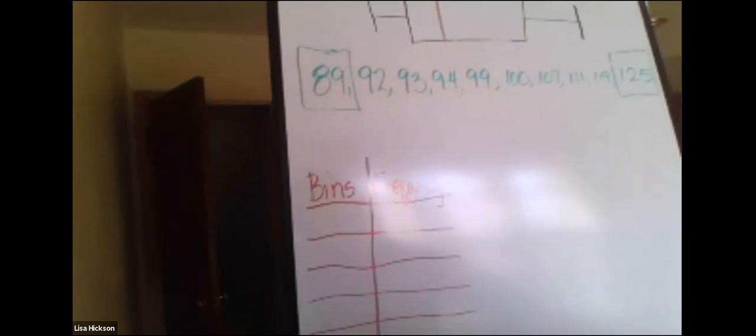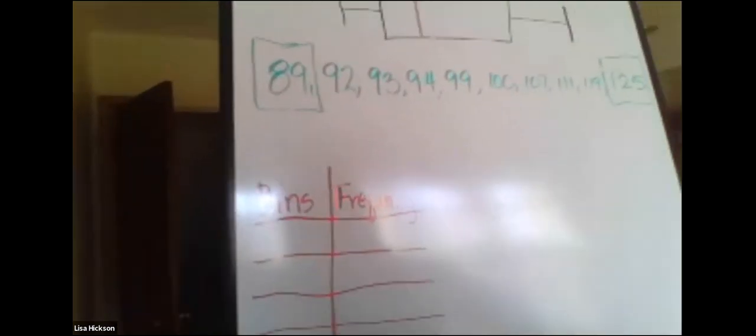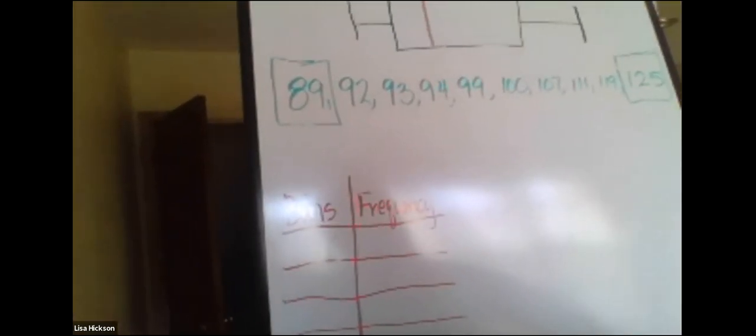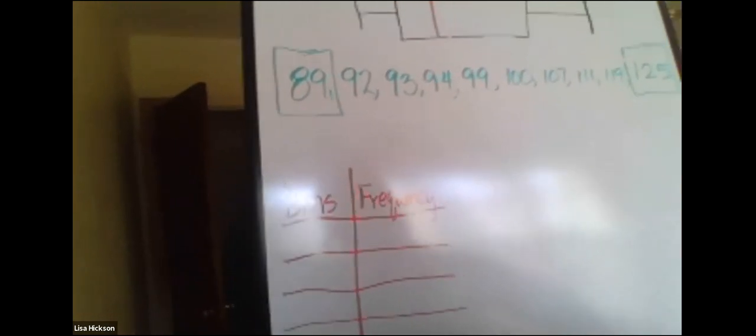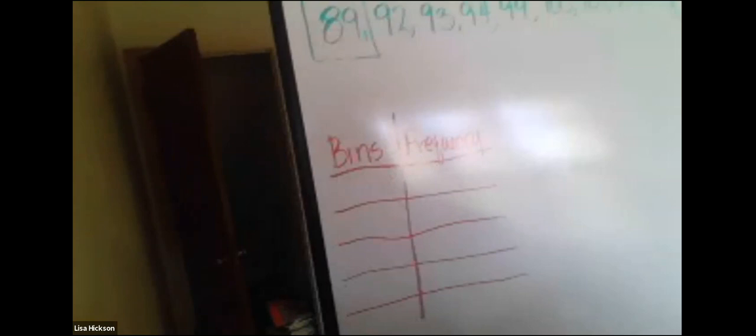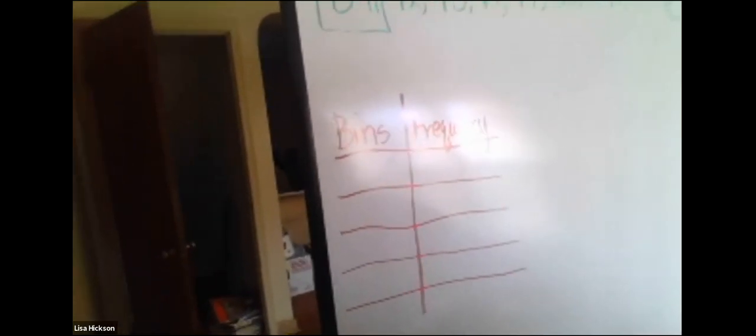All right, so teacher has a suggestion. You see that the numbers go from 89 to 125. So let's say we do the bins in groups of 10.